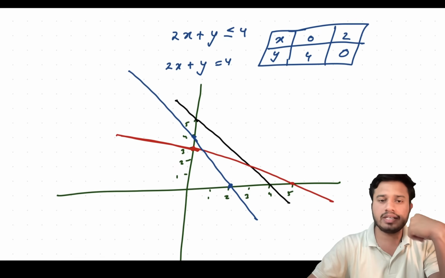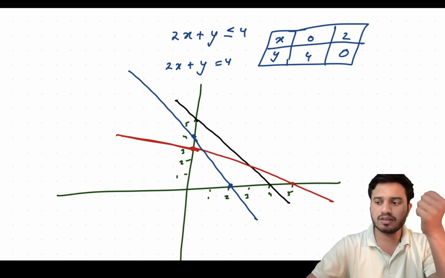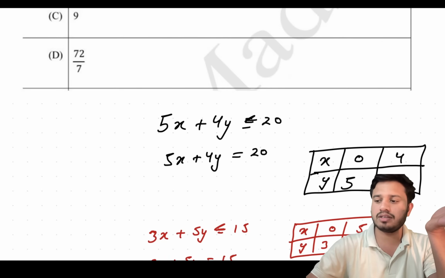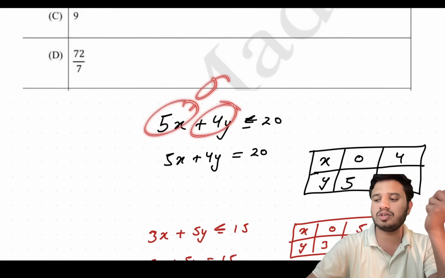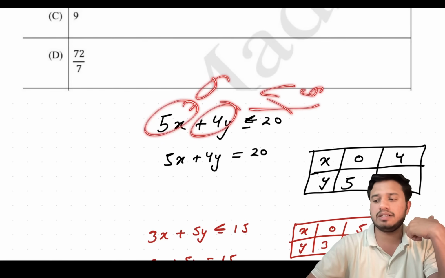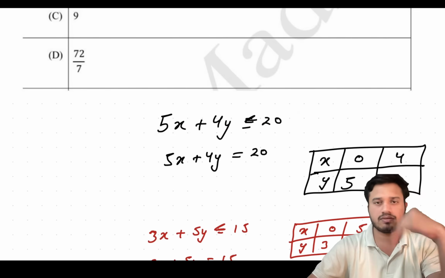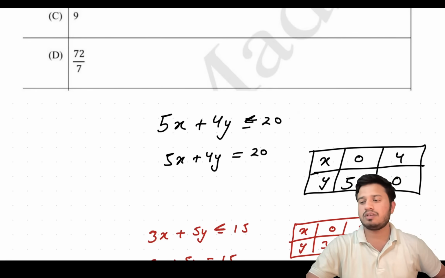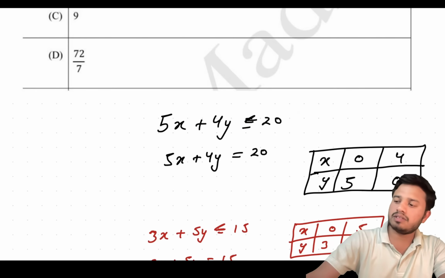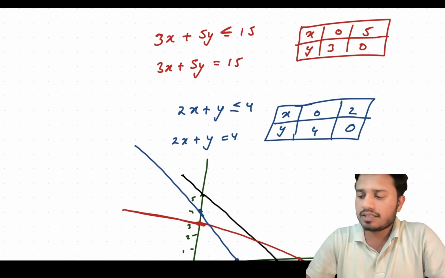Under 20 means put 0 comma 0 here, and 0 is less than 20. That means the region for the first line contains the origin.